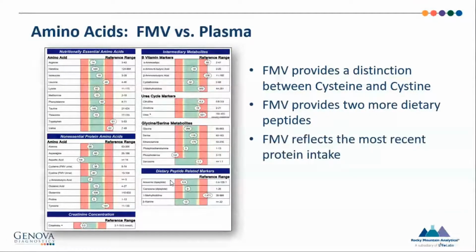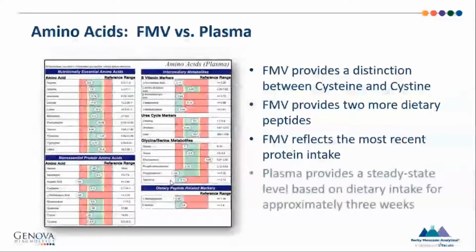And first morning void reflects the most recent protein intake. So I think the biggest difference for me is if I'm looking at first morning void amino acids, I'm seeing a reflection of amino acids based on the most recent meal or 2 that the patient had, the protein levels. Whereas if I look at the plasma amino acids, it's more of a steady state amino acid level based on dietary intake for maybe up to 3 weeks.